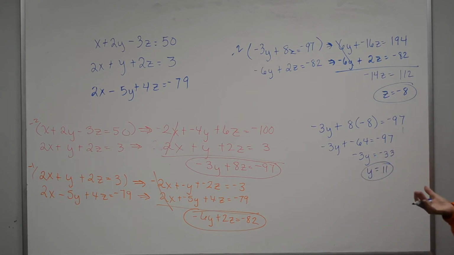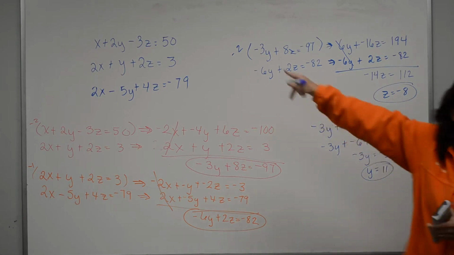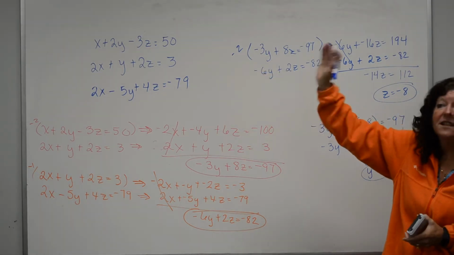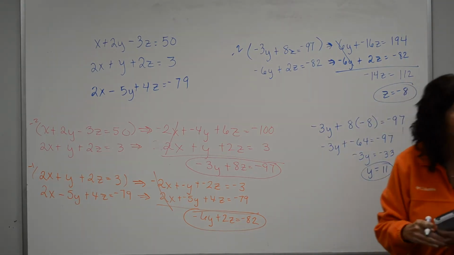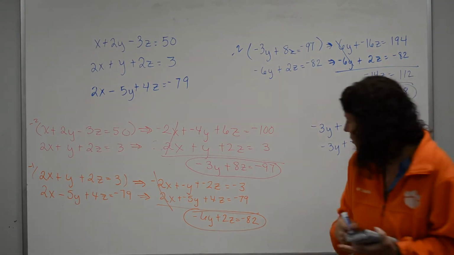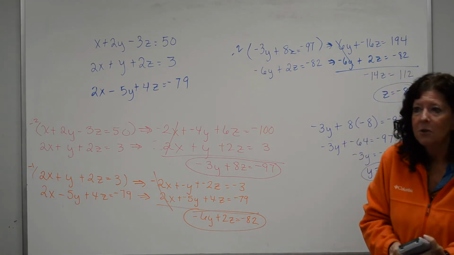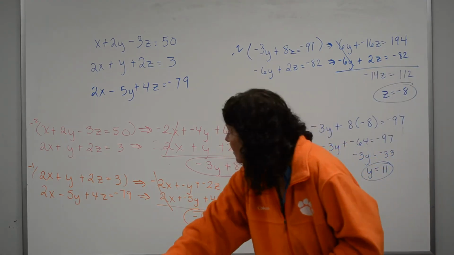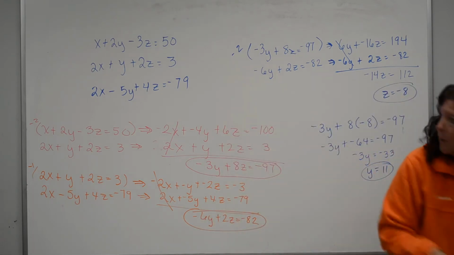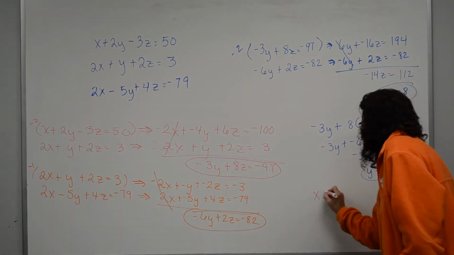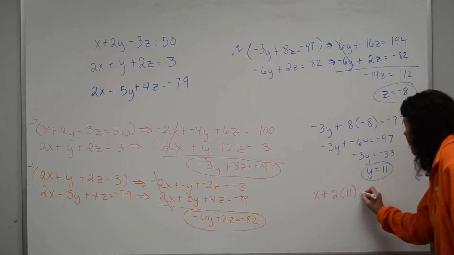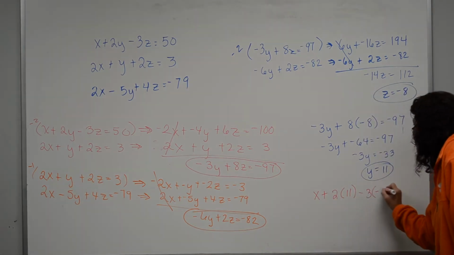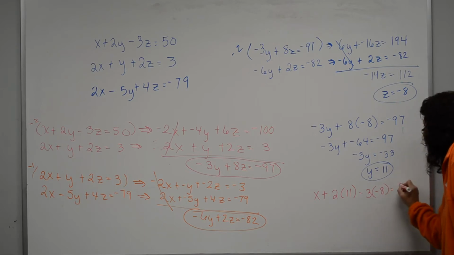There's the second thing I need to find. How do you think I'm going to find the x? Finding the original, I'm going to go back to one of those originals that has x, y, and z. Doesn't matter which one I choose. Whichever one strikes your fancy, that's the one that you should use. So I'm just going to use the top one. Okay, so I've got x plus 2 times 11 minus 3 times negative 8 equals 50.